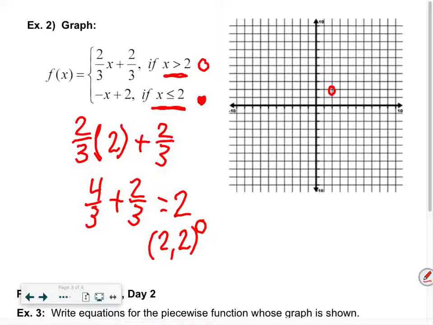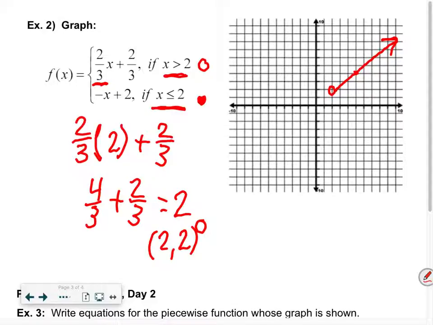Alright, so from there, we're going to use our slope. Up how many, over how many? Up 2, over 3. Is it a positive slope or negative slope? Positive. So we're going up 2, right 3, and drawing our line.